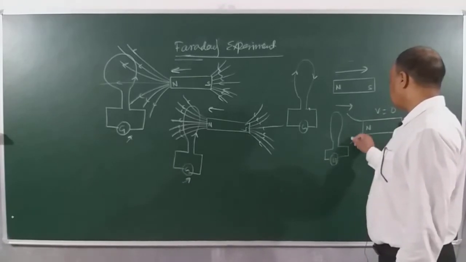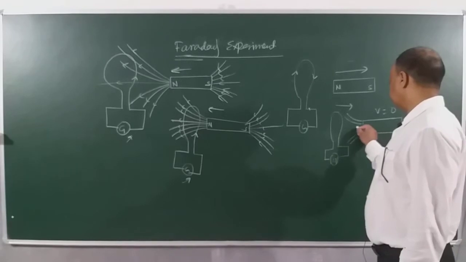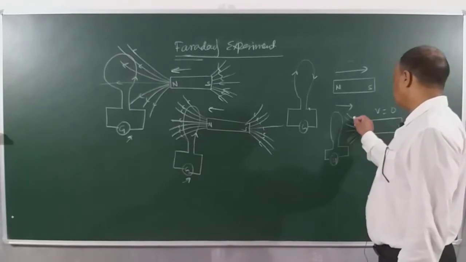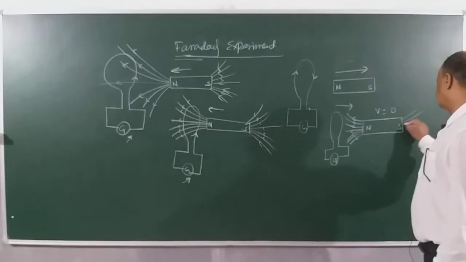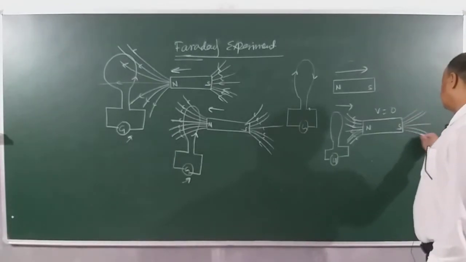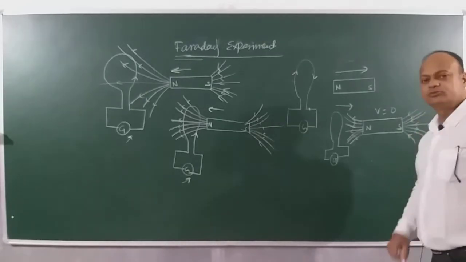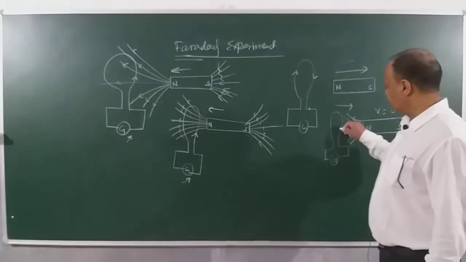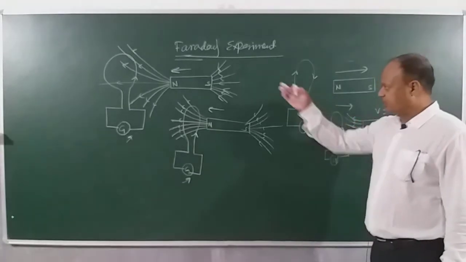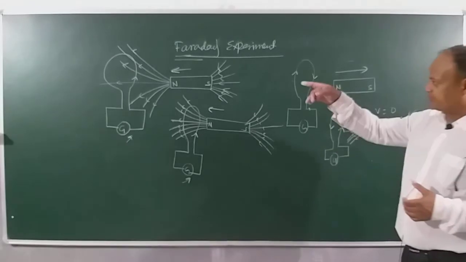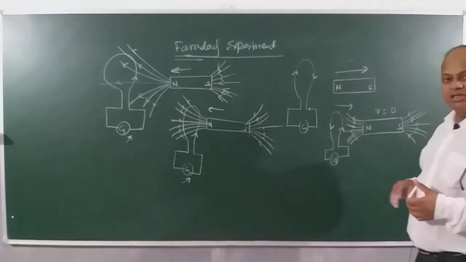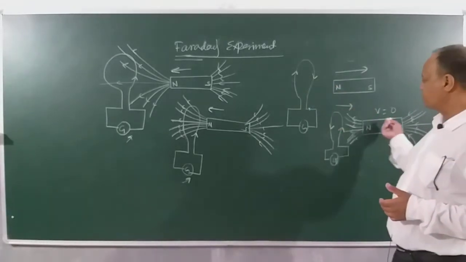Remember, the magnetic field lines are coming out of the north pole and going into the south pole, right? In this case also, he found that there was a deflection in the galvanometer and the direction was same. Like there we have current anti-clockwise, here also we have current what? Anti-clockwise. Here the coil was coming toward the magnet.